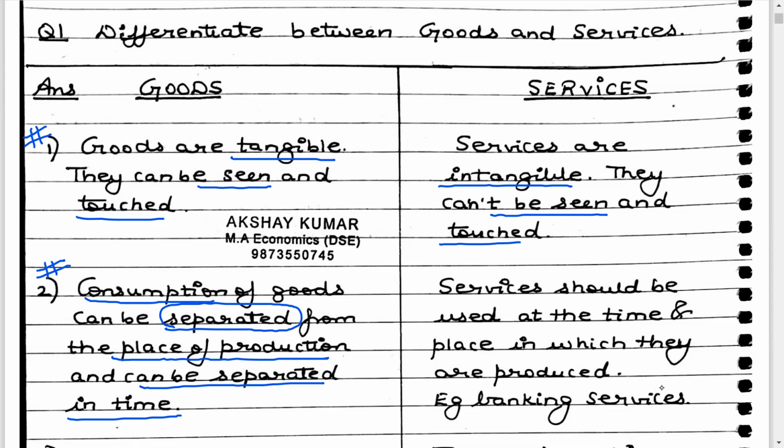Not only that, goods can also be separated in time. Now, what does that mean? It is completely possible for a good to be produced today but consumed tomorrow. That means you can separate it in time. It is not necessary for the good which is produced today to be consumed today itself. Not all goods are like that.